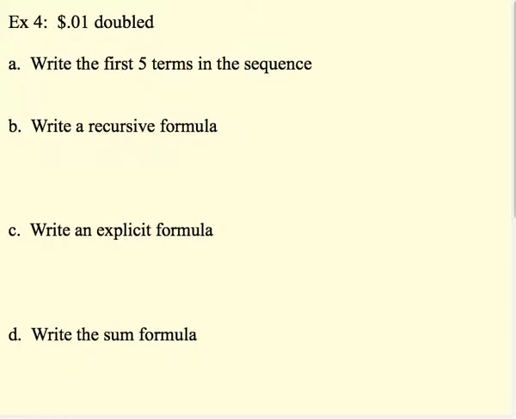So let's take a look at this geometric series. Really doesn't look very promising, saving a penny, 2 pennies, 4 pennies. You don't have a whole lot of money even after a week. So the first 5 terms, we've got a penny, 2 pennies, 4 pennies, and so on.